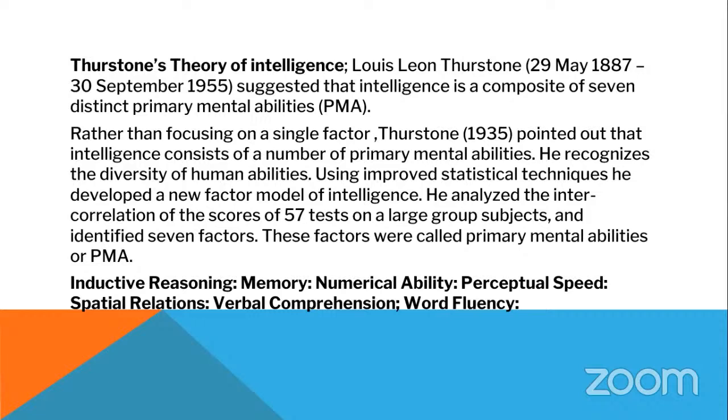Then memory, numerical ability, then perceptual speed, which is our ability to compare numbers, objects, pictures, or patterns. Then spatial relations, which means mental rotations we do in our head, visualizing objects, and coordinating different spaces.